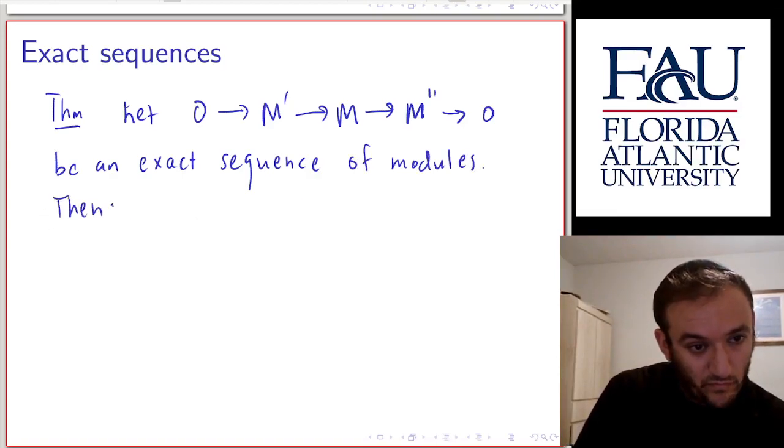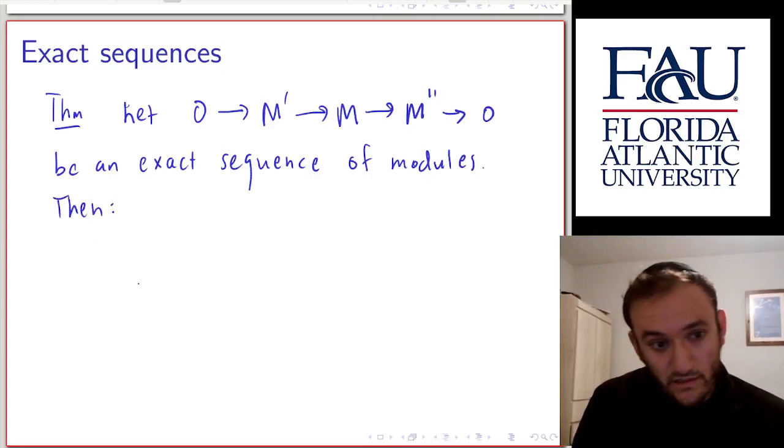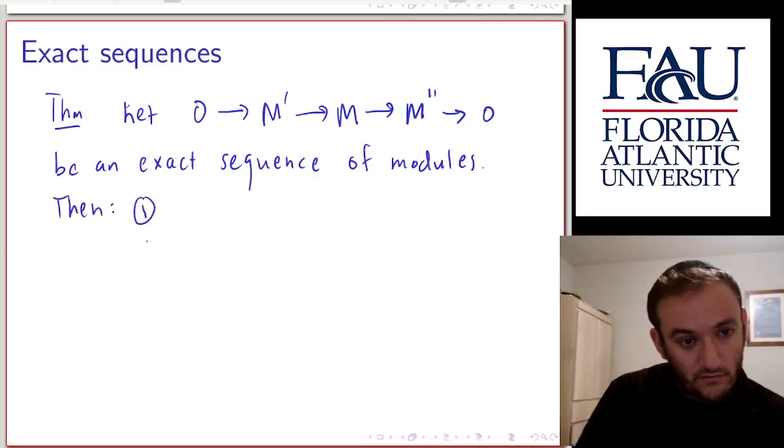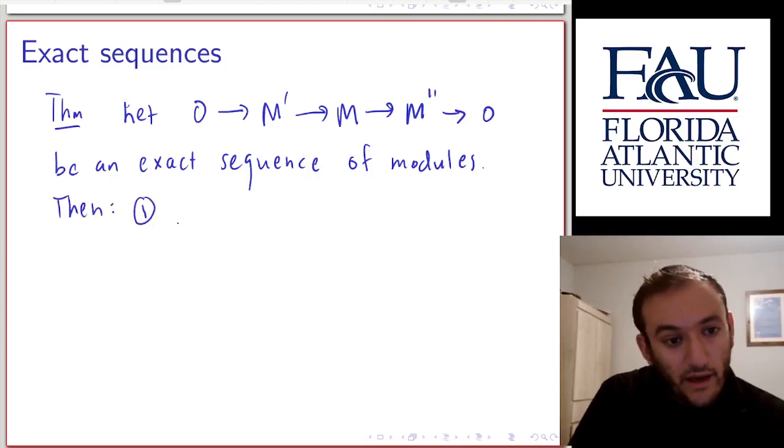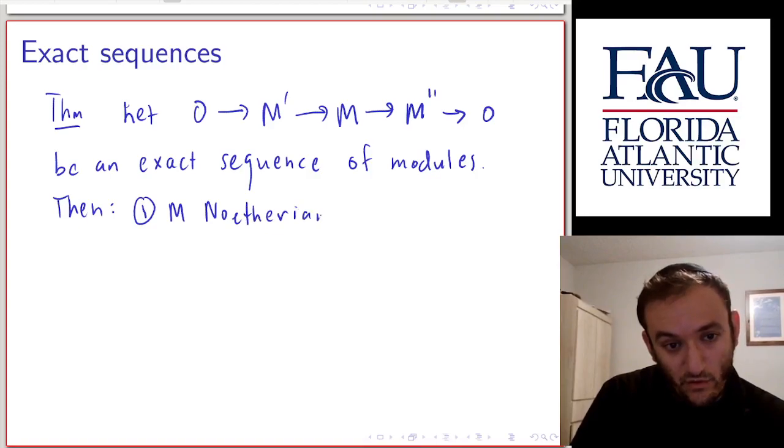Then we have two results, which are just mirror images of each other. M is Noetherian if and only if M prime and M double prime are Noetherian.